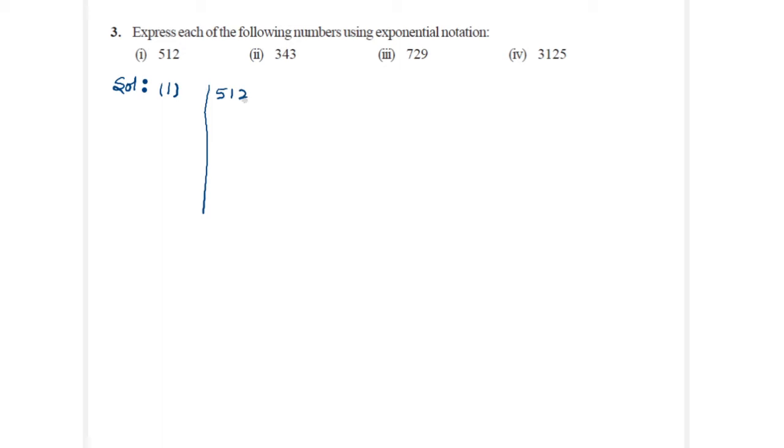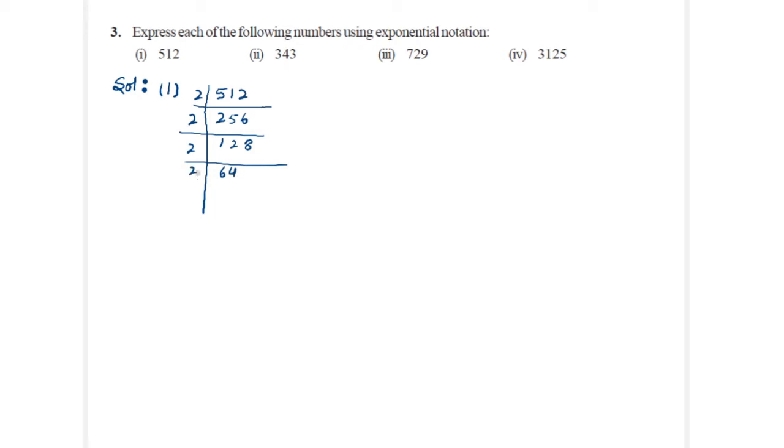Here 512 is divisible by 2. Divide it by 2. We get 256. Again it is divisible by 2. Divided by 2, we will get 128. Again divided by 2, we will get 64.